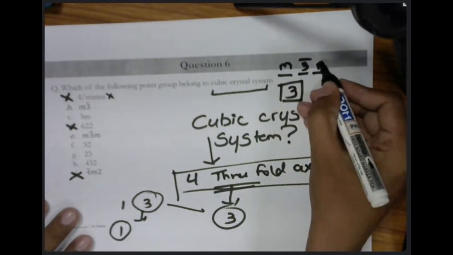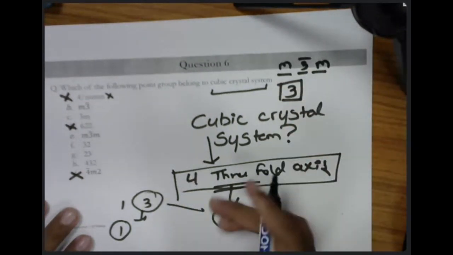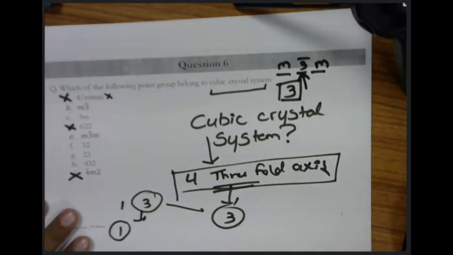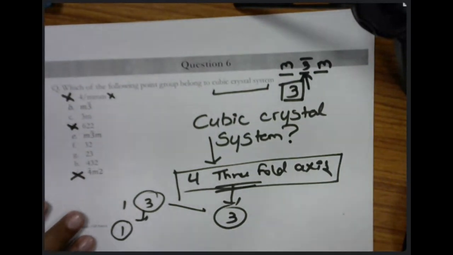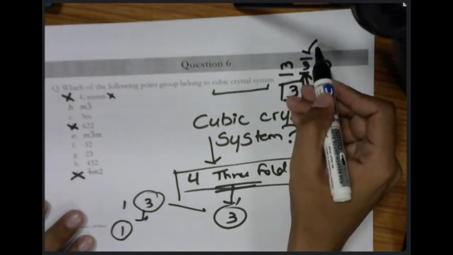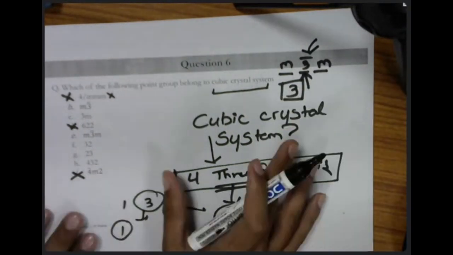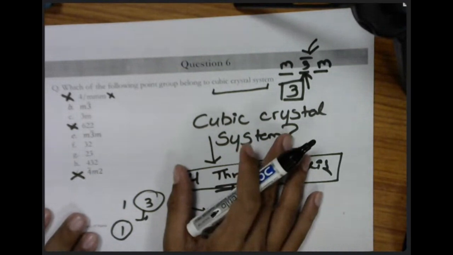We know that this is cubic. So at the middle position of the point group, 3 will be mentioned. If anywhere other than the second position 3 is written, then that doesn't belong to the cubic crystal system. They will belong to some other crystal system.